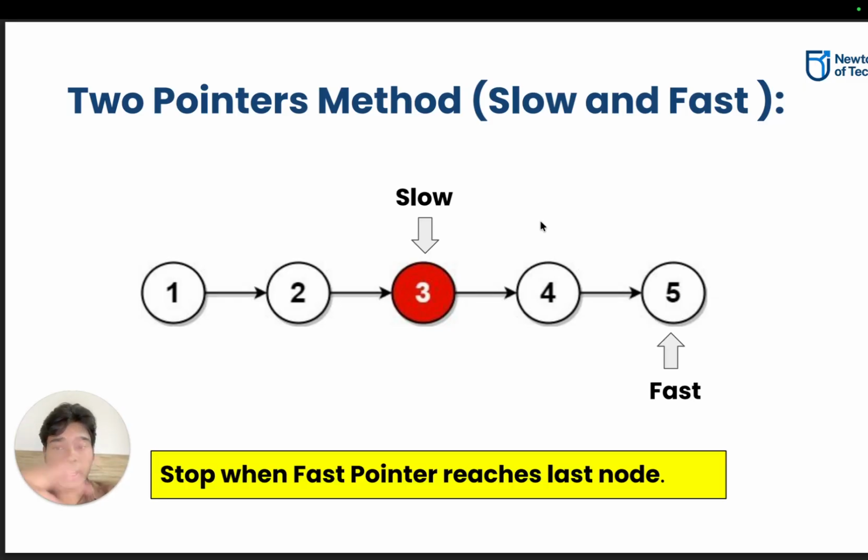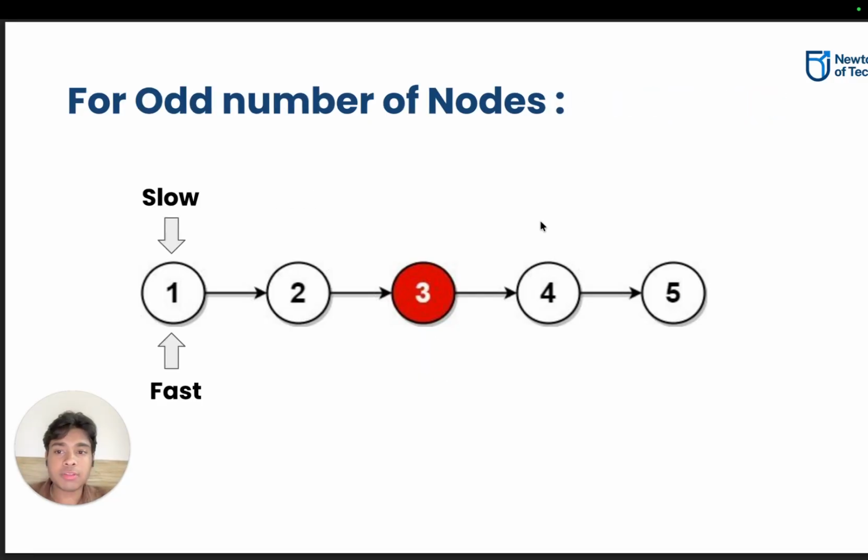So what you have to do, when the fast one reaches the last node, is stop at that time. Okay, it's a very simple thing. As you can see from the starting, we have two pointers, slow and fast.